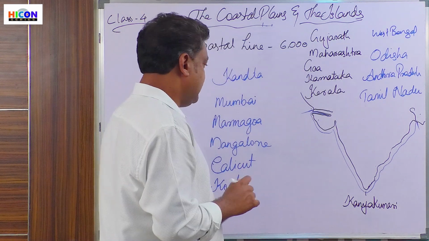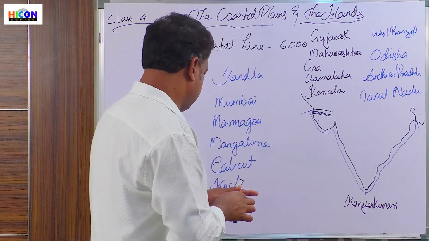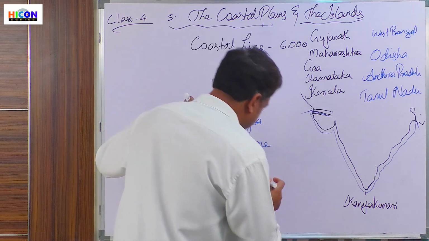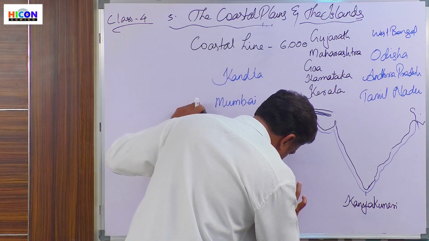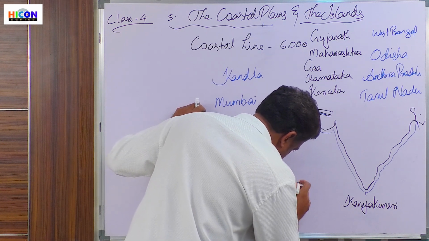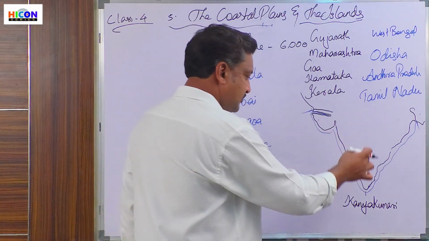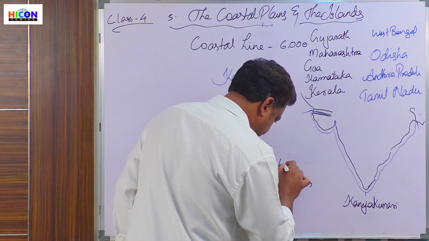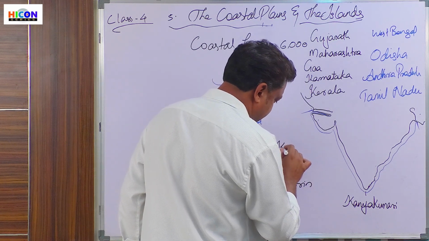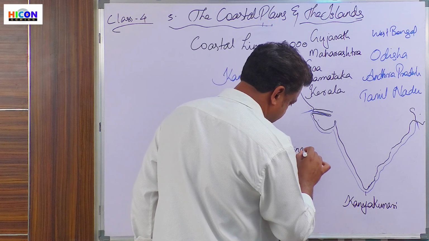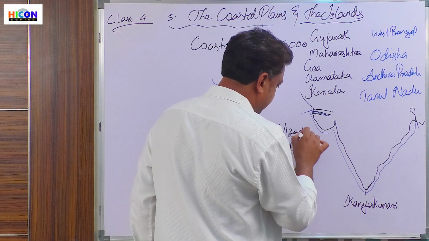Then on the eastern side we have Tuticorin. Above Tuticorin we have Chennai. Then we have Kakinada Seaport. Above that we have Vizag.